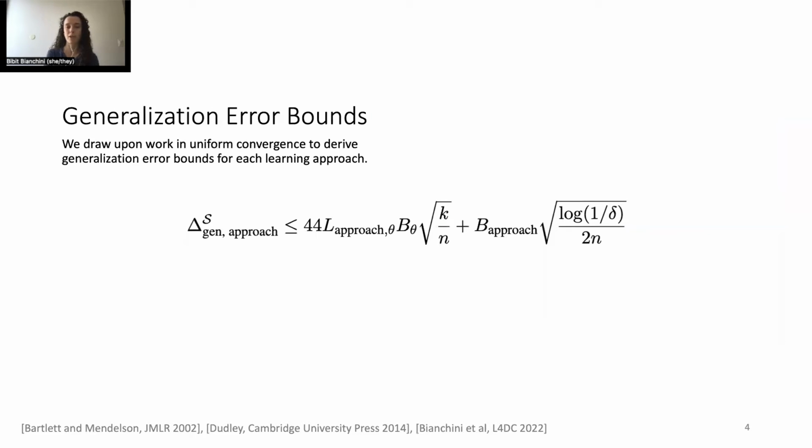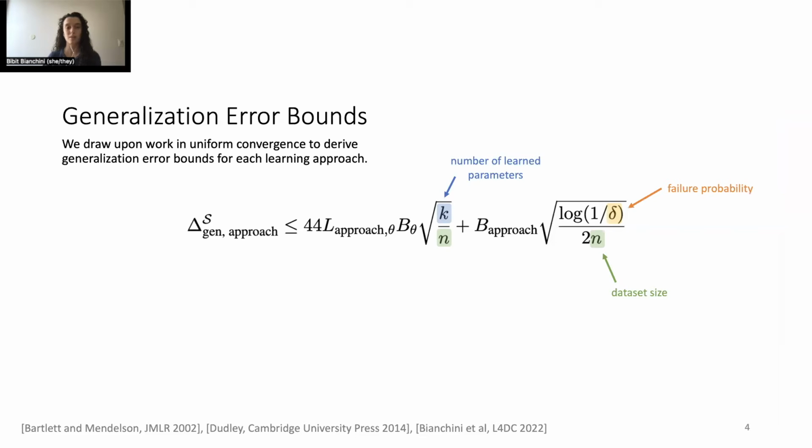So in our L4DC paper, we were able to show that the generalization error bounds for an approach look like this relationship. So there are a lot of numbers and symbols in here, but some of the relevant parameters that can be the same across approaches given a parametrization of the problem are these.